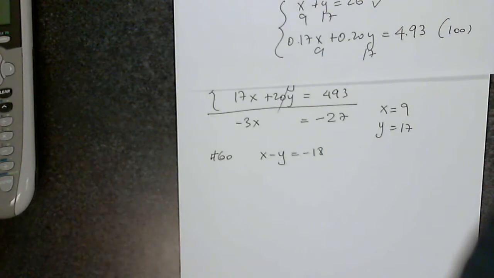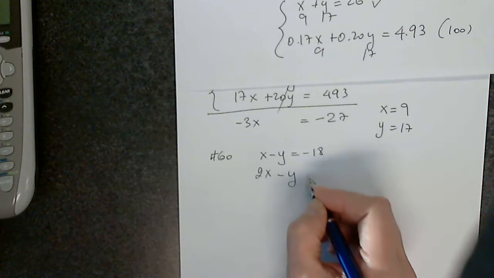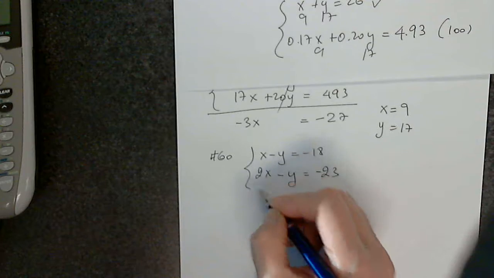Very good. Then twice the smaller number decreased by the larger number is negative 23. Twice the smaller decreased by the larger equals negative 23.